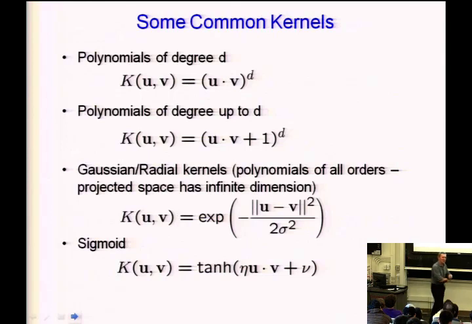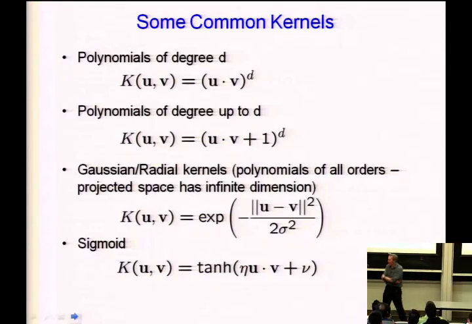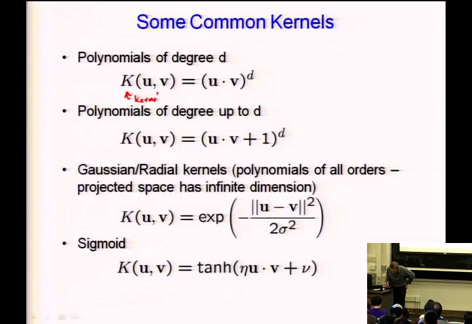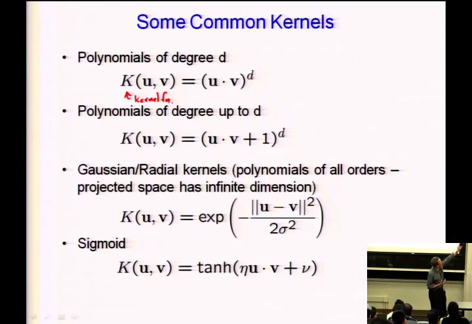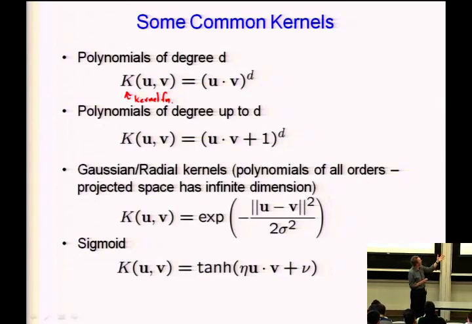So here are some kernels. We just saw one of them. Again, K is our kernel function. What we just saw was the case where the kernel function for two vectors is the dot product squared, which gives us polynomials of degree 2, quadratic regression.